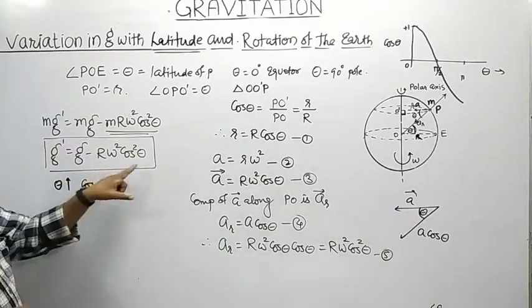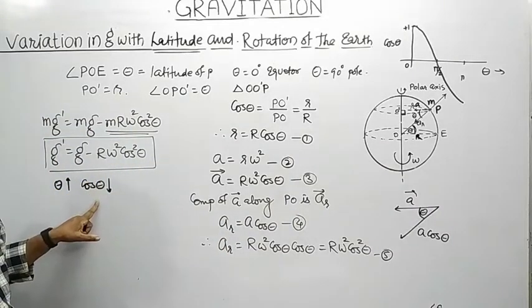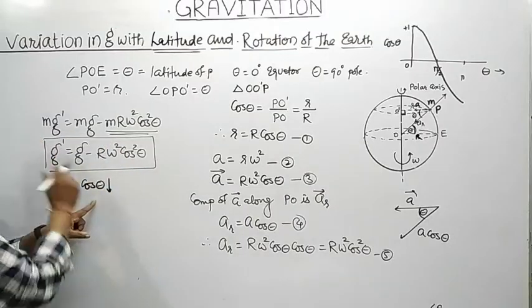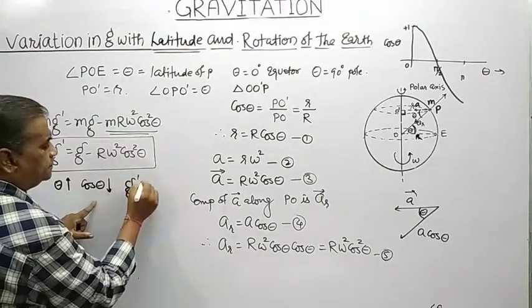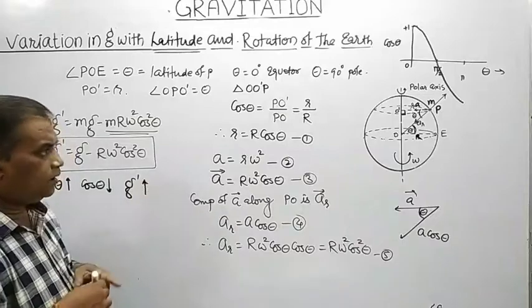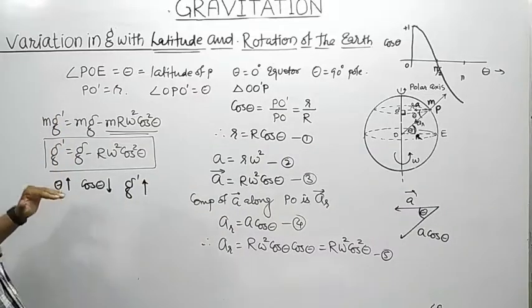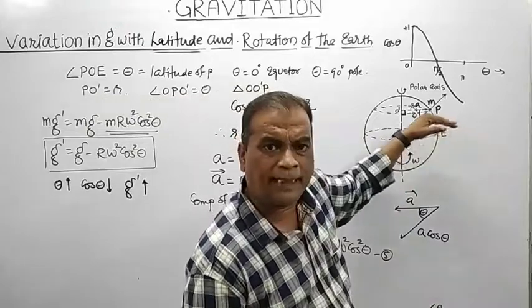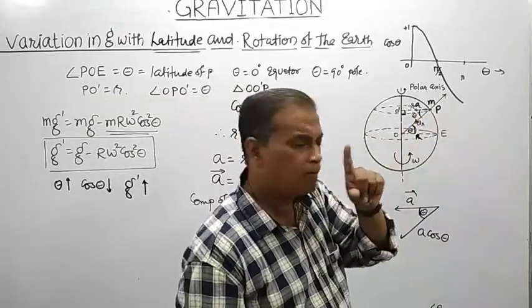So when angle theta increases, cos theta decreases, which means this term will decrease, which means g dash will go on increasing. So in order to increase theta, we must move from where? At the equator, theta is 0.